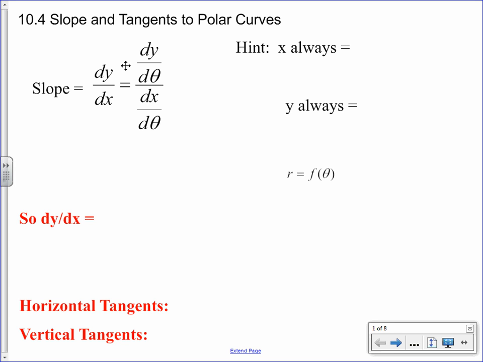So here we go. We're going to talk about derivatives and tangents with polar equations. Okay. So dy dx. This is going to look very similar to parametrics, where we have to do dy d theta over dx d theta.